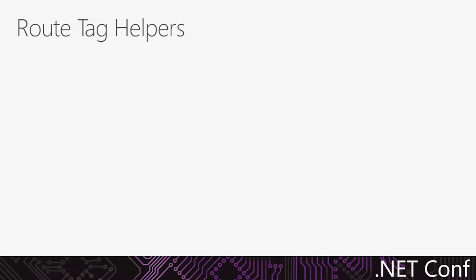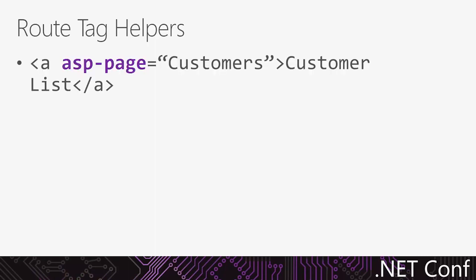When you're using Razor Pages, there are also some new tag helpers that you can use to work with them that are especially helpful for creating links to pages. For instance, instead of hard coding a route or a URL path, you can use the asp-page tag helper to indicate the name of the page that you wish to link to, and the appropriate URL will be generated. This URL generation feature is actually part of routing that's built into ASP.NET Core MVC.